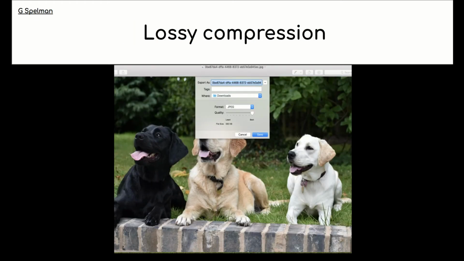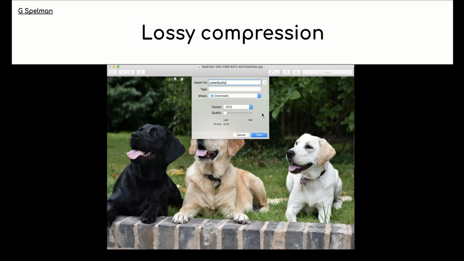So this is an example of losing quality when we compress a file, so when we make the file smaller. As you can see, this picture here has a quality scale. It's top of the scale here, and that's 580 kilobytes. And when I slide that to the lowest quality, it's only 44 kilobytes to store.